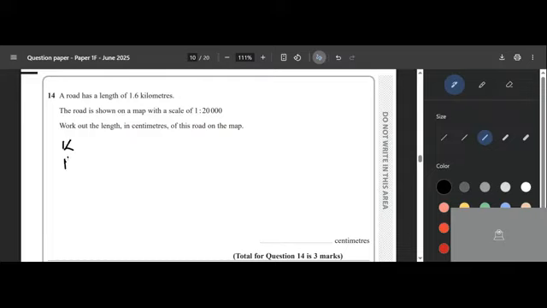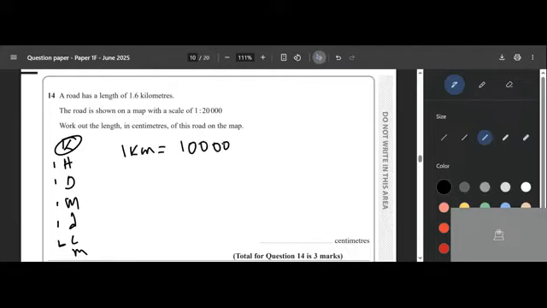Remember, King Herod did mathematics during Christmas morning, right? So from kilometers to centimeters, it is 1, 2, 3, 4, 5. So 1 kilometer is equal to 1, 2, 3, 4, 5 centimeters. If I convert this, it will give me 1.6 by cancelling 1 zero, which just brings the decimal out.